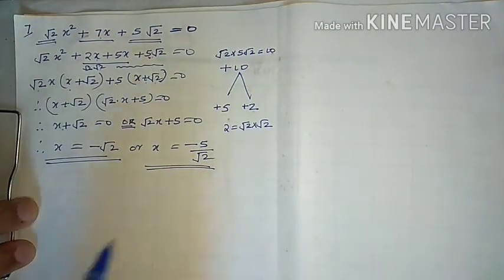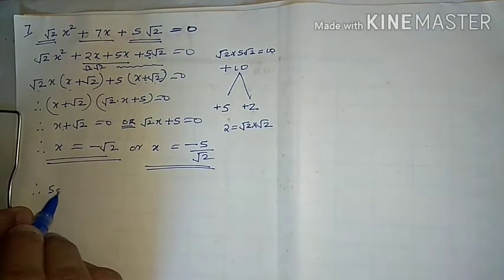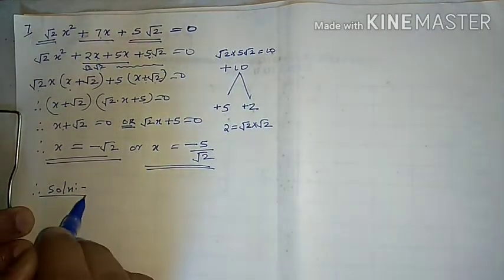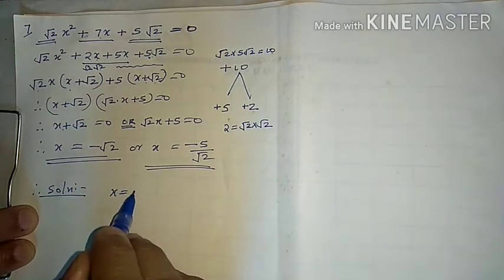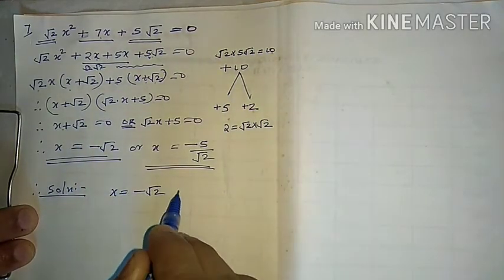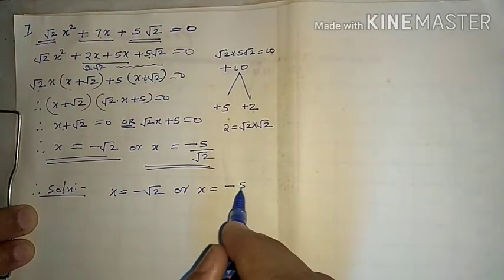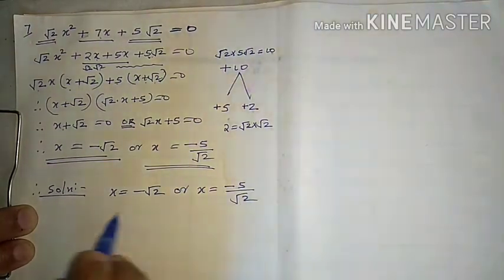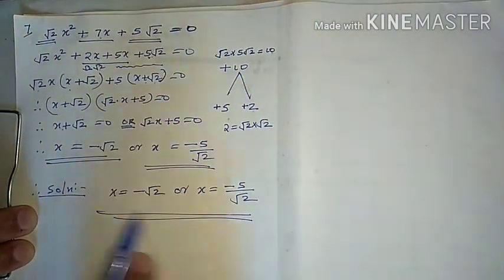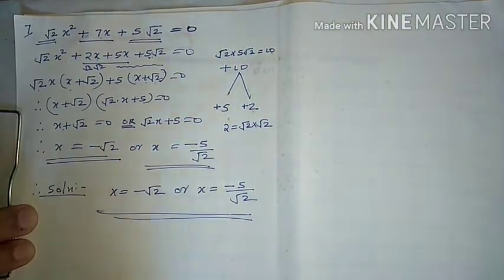That's the second answer. Therefore the solutions are x is minus root 2 or x is minus 5 by root 2, by the factorization method.